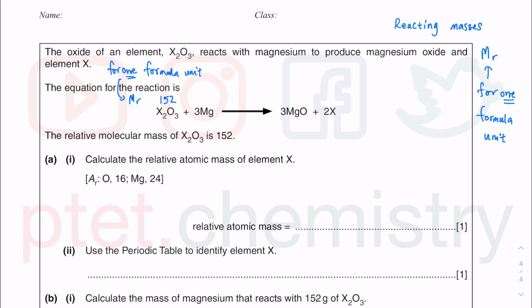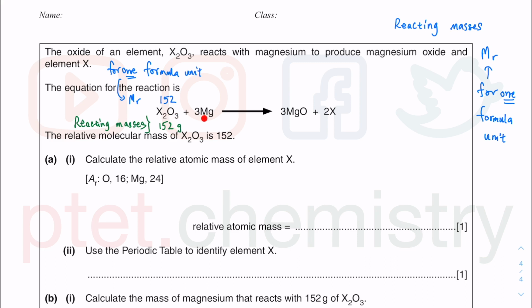But we are mainly concerned with something called reacting masses. What is the mass that actually reacted and also formed? That's why this topic is called reacting masses. When you have 1 in front of it, 152 is for 1 unit, so 1 unit of X2O3 has a mass of 152 gram.